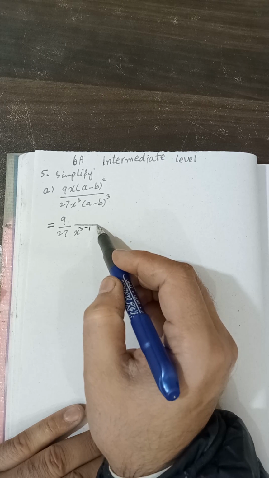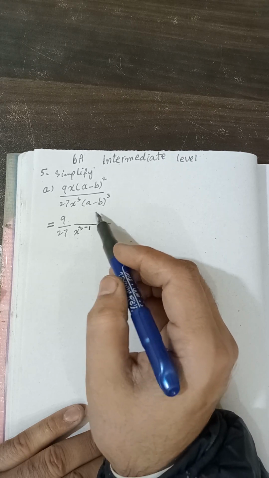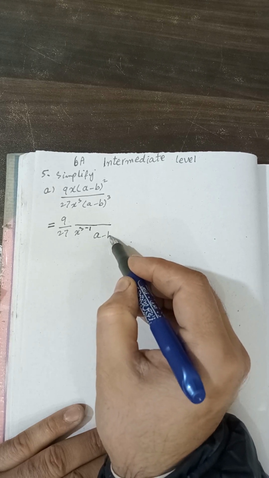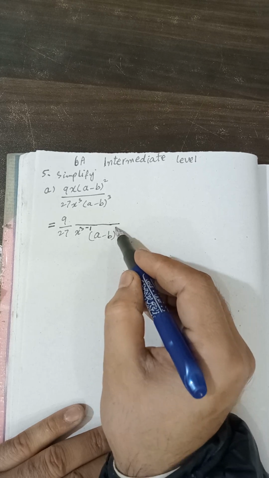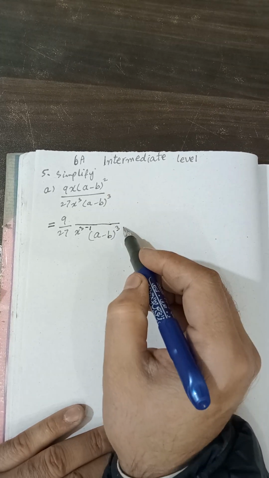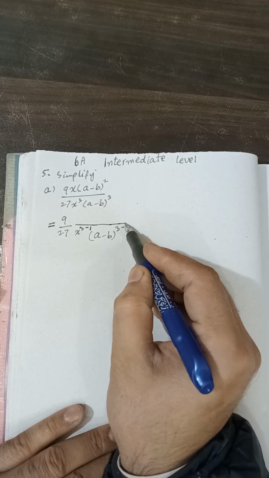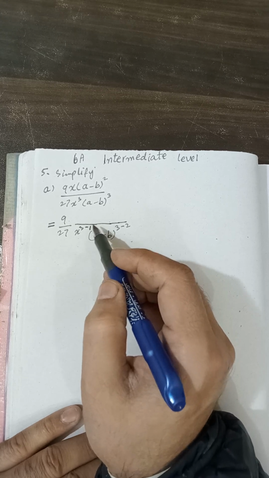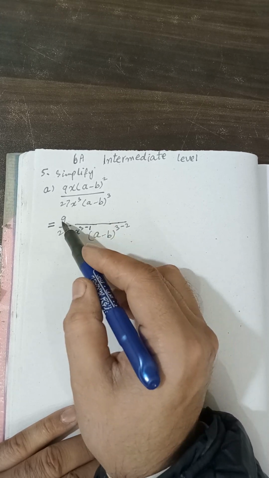And for the next term, that is (a minus b) cube here, 3 here, and this 2, when carried to the denominator, it will become minus 2. There is nothing remaining in the numerator, only 9 is here.